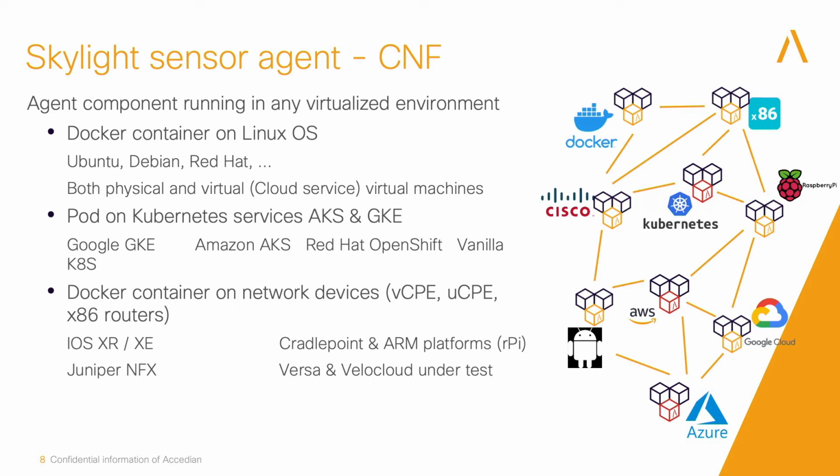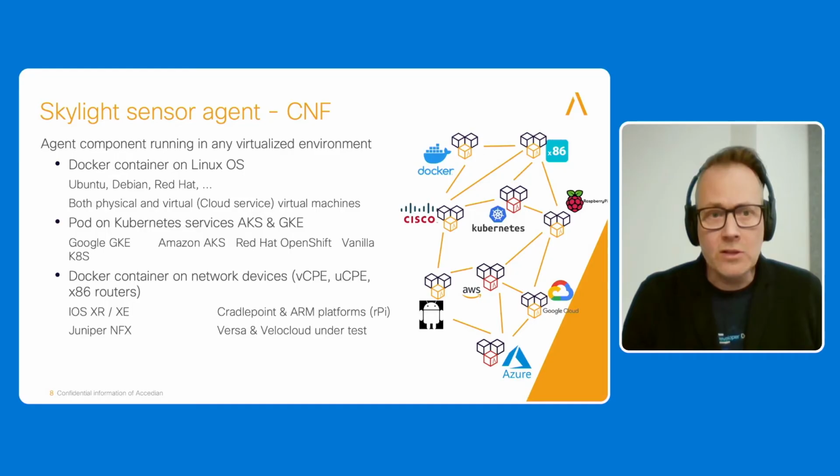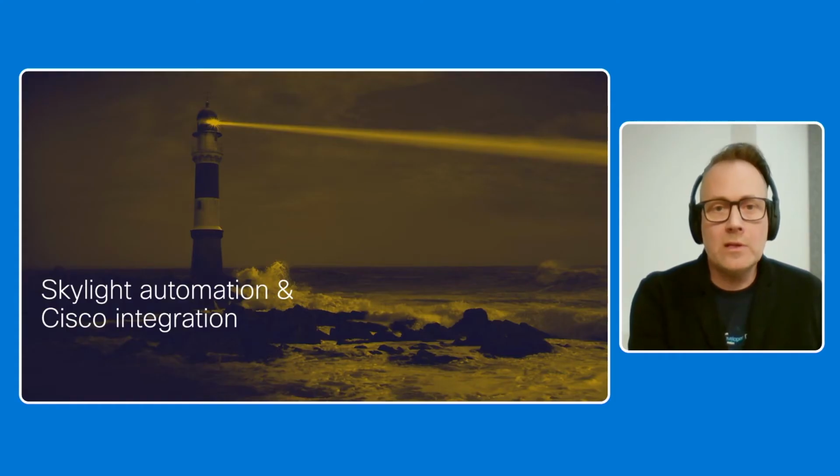So the idea there is that if you have test applications yourself, you can then roll them into a Skylight agent through this SDK and deploy and control them through the Skylight framework, just as if it was an Accedian agent provided by us. So this is something that we're going to launch a little bit later on this year, the SDK.